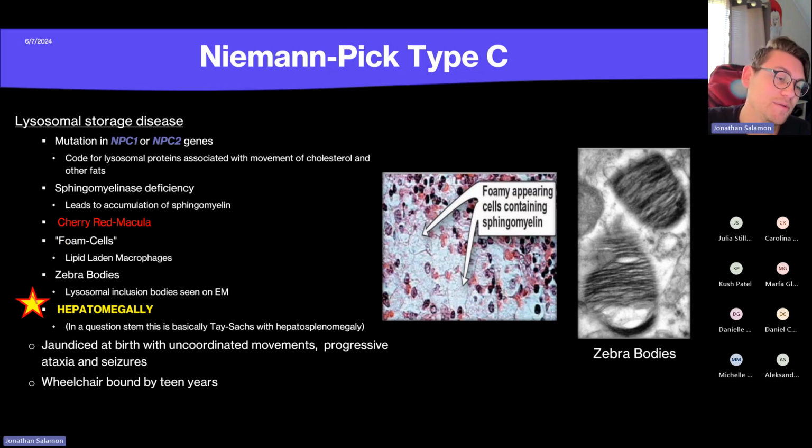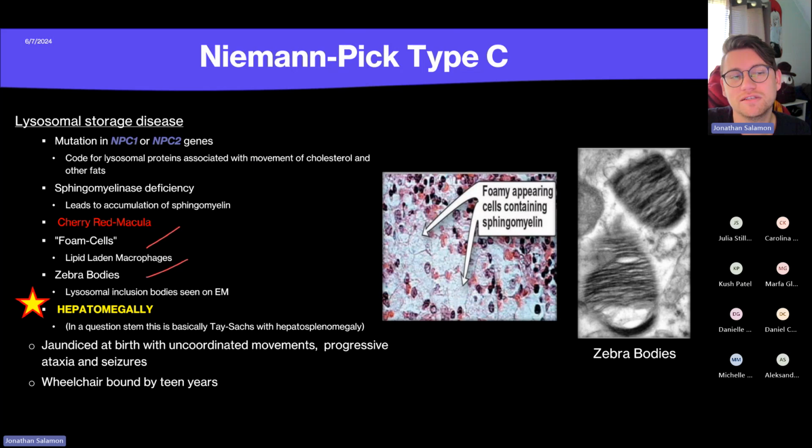Niemann-Pick disease has hepatosplenomegaly. Tay-Sachs does not. Now, that being said, cherry red macula will be an answer choice a lot of times, the correct answer choice. So you can get lucky sometimes because it answers for both of them. But this is your big giveaway.